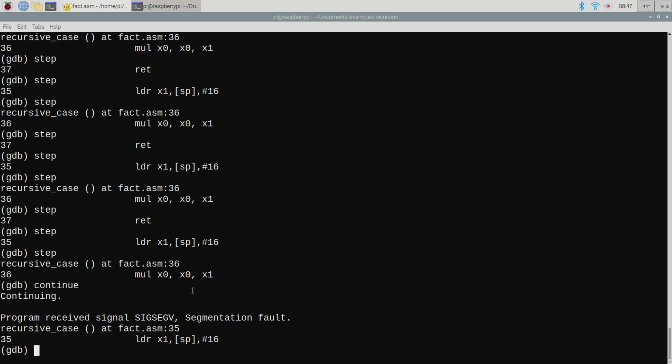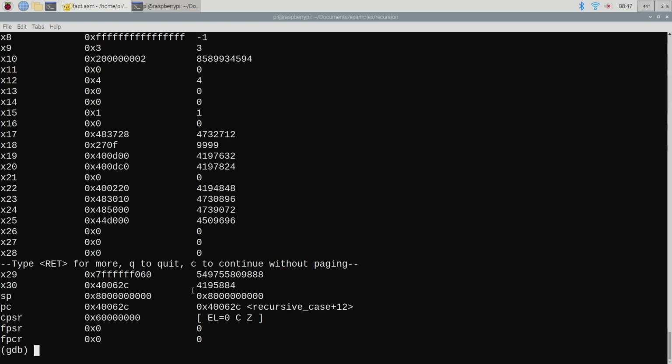Okay, and the reason that it seg faults is because of our stack pointer. What did we keep doing? We kept pushing things onto the stack, and as we recursed, we were pushing even more things onto the stack. We never successfully stopped the recursion, so we kept just pushing and pushing things onto the stack.